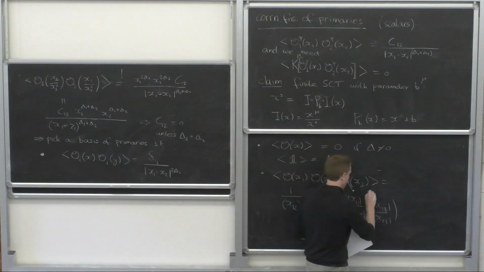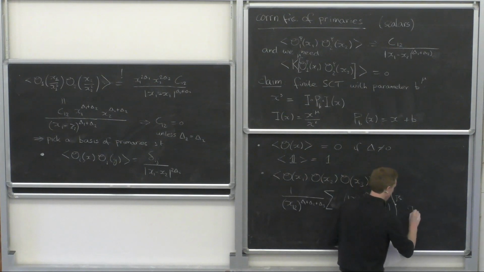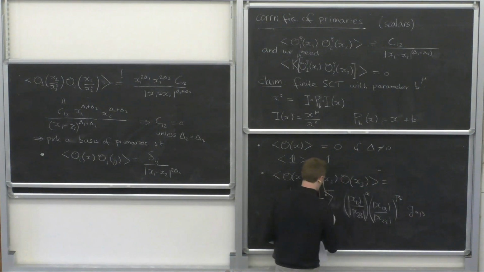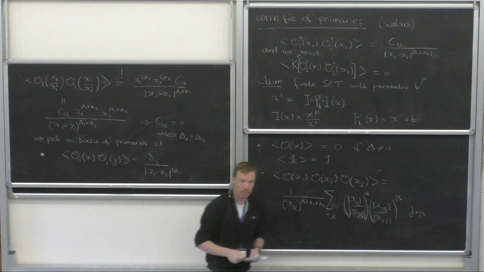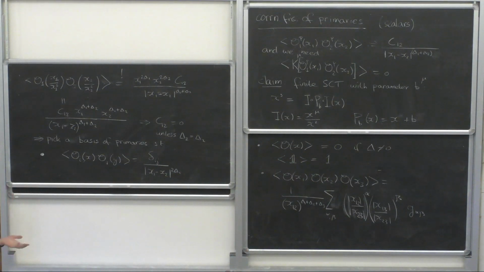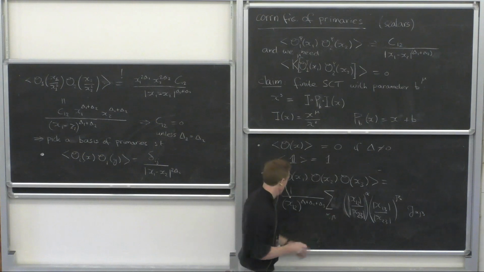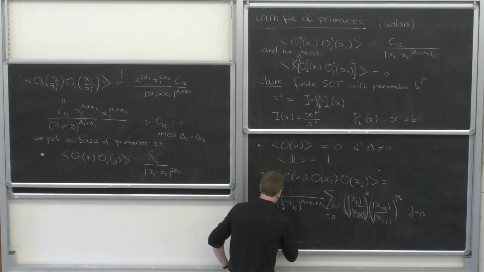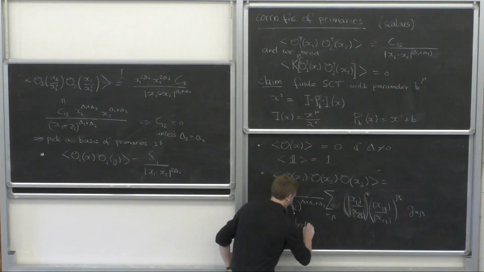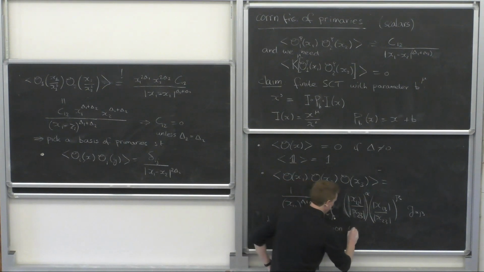So let me call this to the power alpha, this to the power beta, and then with some undetermined coefficient, g alpha beta. As you'll find, not every value of alpha and beta is allowed. And so, in fact, you can check inversion covariance.